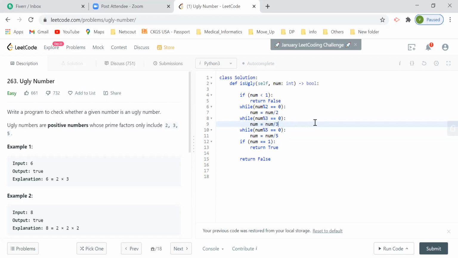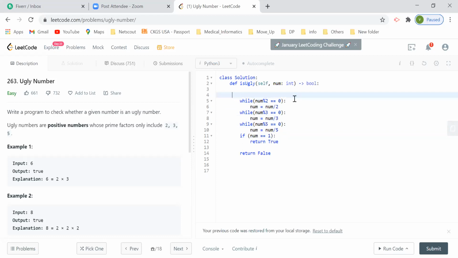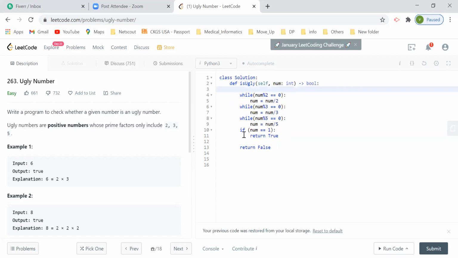Okay, so you had something to show me, right? Try removing line 4 and line 5, just remove them. And also remove line 10 to line 13. Remove them all. And add a statement: return num equals equals 1, double equals, yeah, that's it.